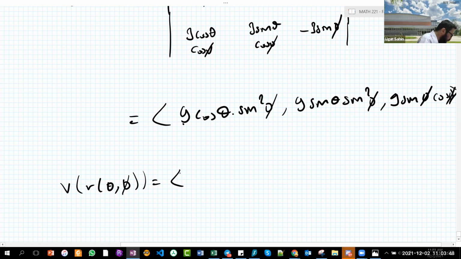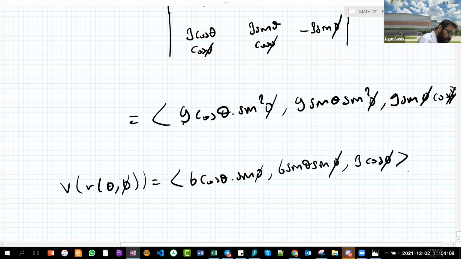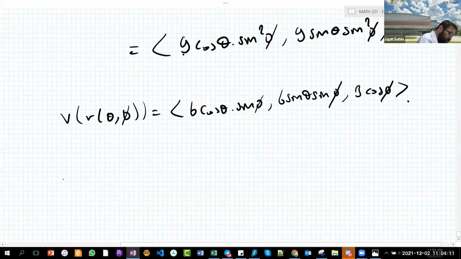That is why it is going to be 2 times, so 6 cosine theta sine phi, 6 sine theta sine phi, and 3 cosine phi.